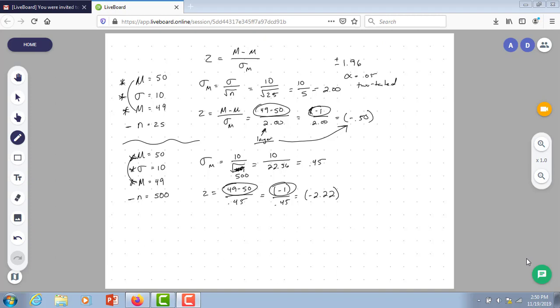However, this variation is much smaller. As a result of the variation being smaller, according to those same standards, 0.05, two-tailed test, ultimately we would end up rejecting our null hypothesis with this particular setup.